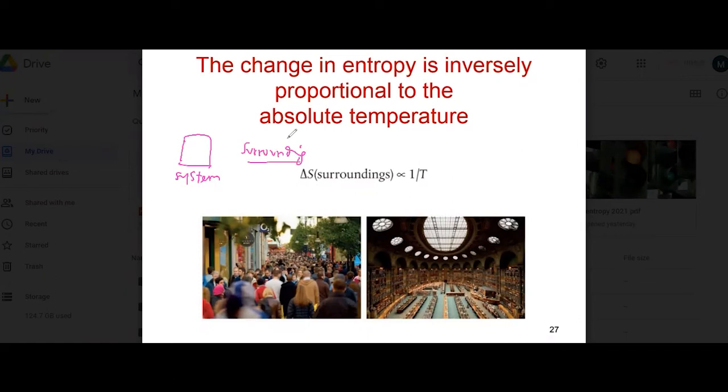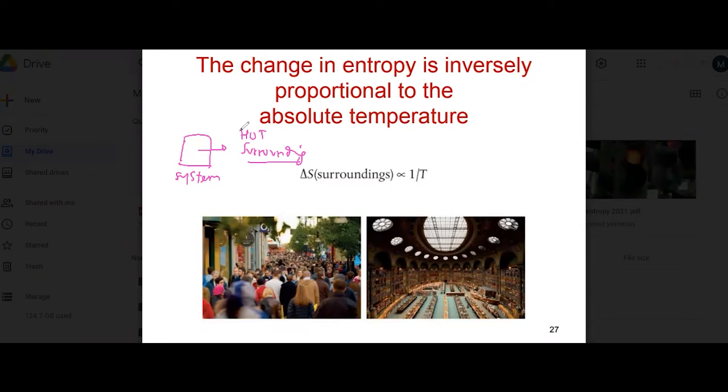If the surroundings are hot, the addition of a little extra heat makes only a little difference to the disorder.